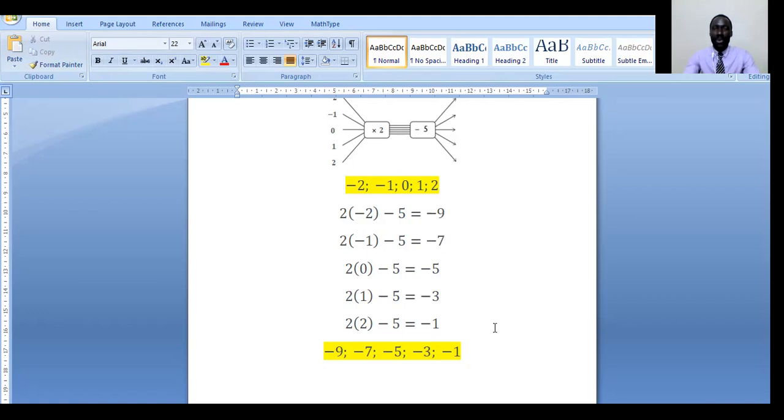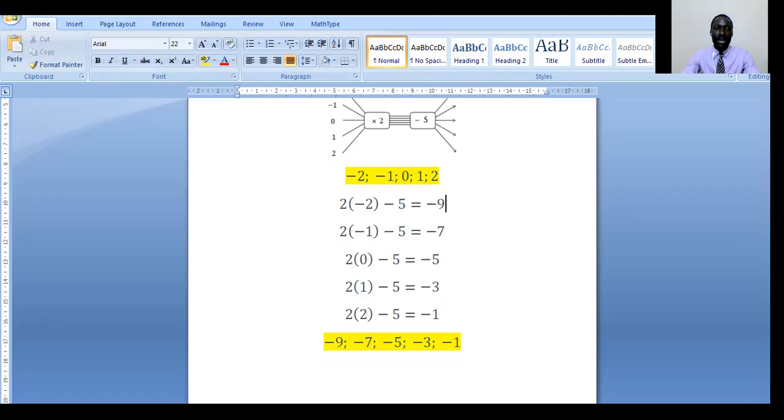How do we get them? We follow this flow diagram. The flow diagram here is that we multiply by 2, then from it we take away 5. So it has been given here, and that is how we got this.